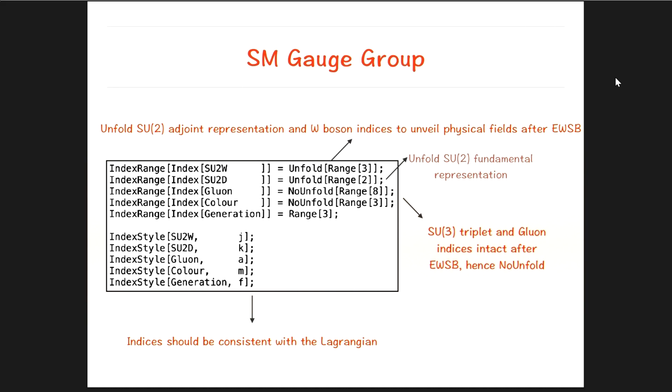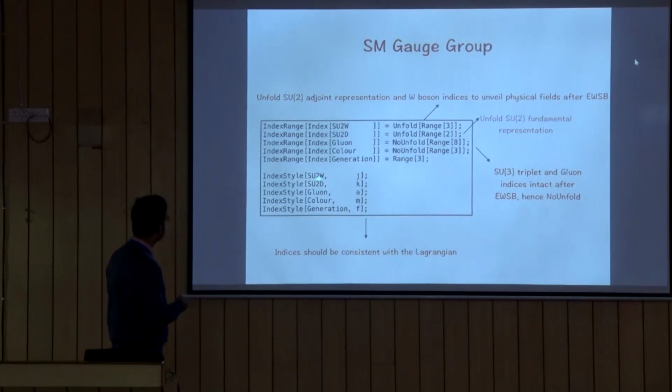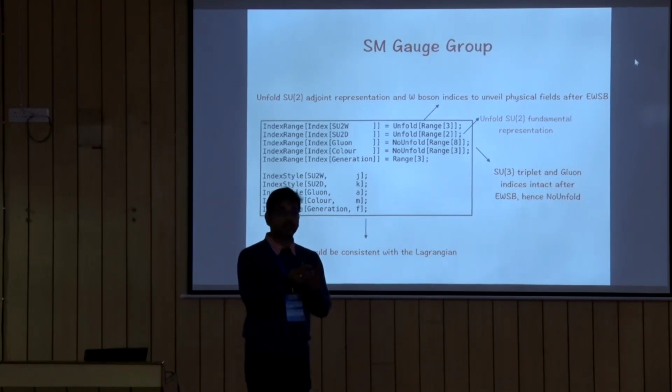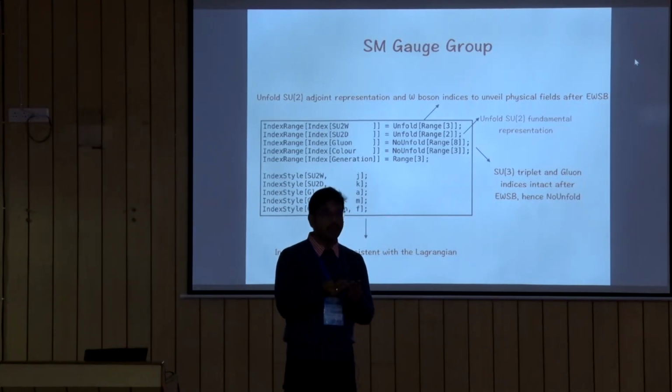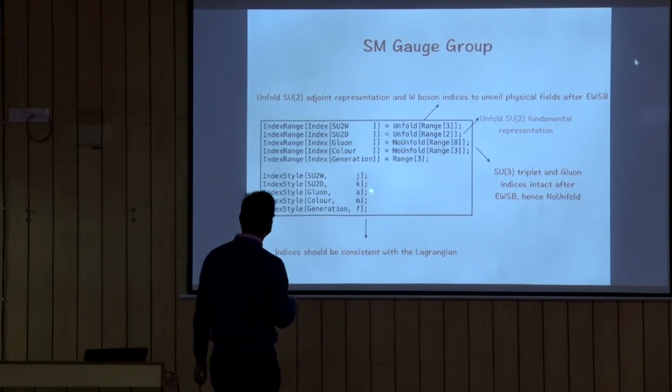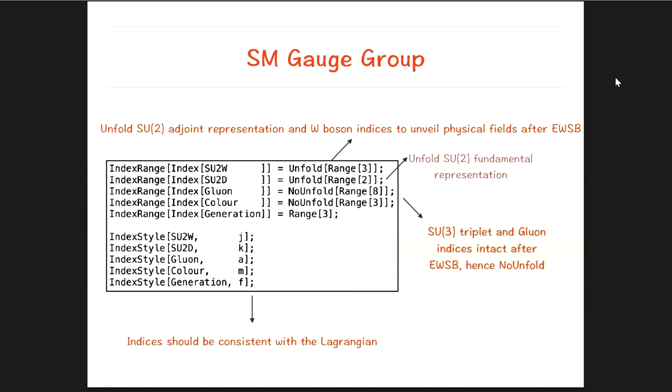And here are the indices defined corresponding to each of these, because when you expand them, for example for SU2W, there will be 3 vector bosons defined like Wj, where j runs from 1 to 3. For SU2D, the index will be k, running from 1 to 2.